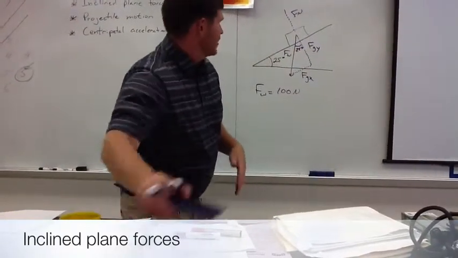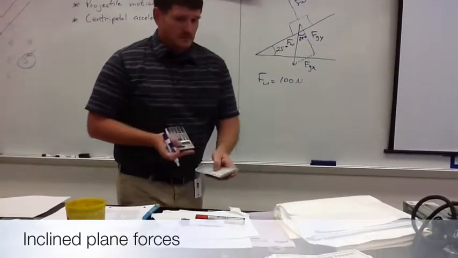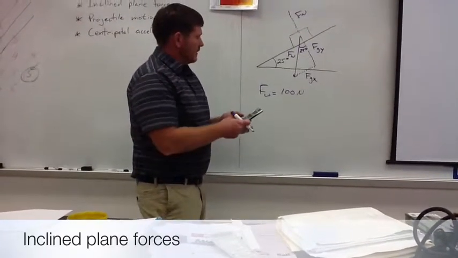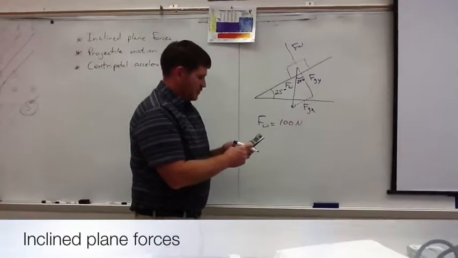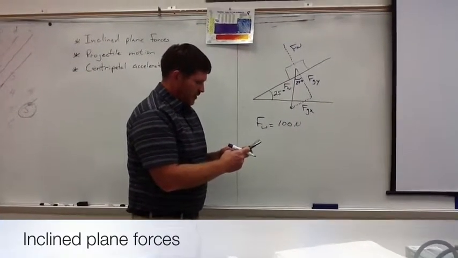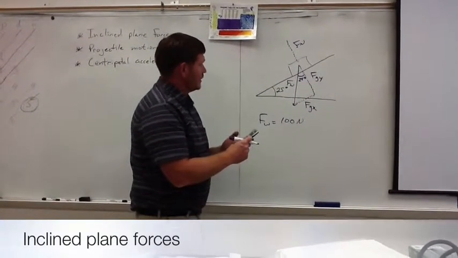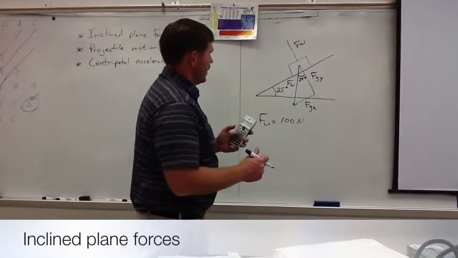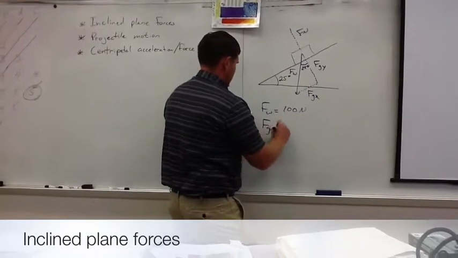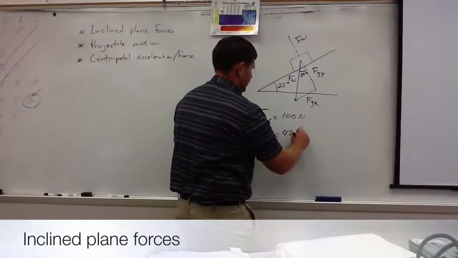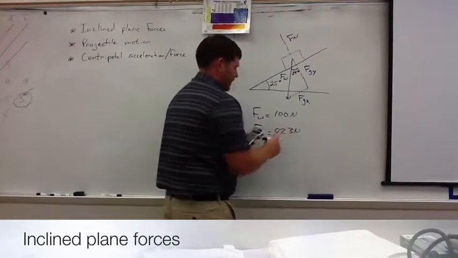Get my handy dandy calculator out. Sine of 25 times 100 gives me an F of gx equal to 42.3 newtons.